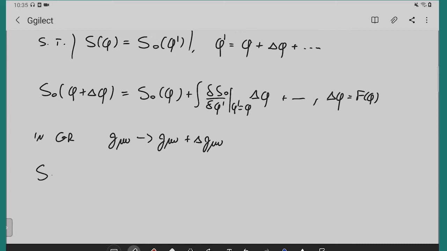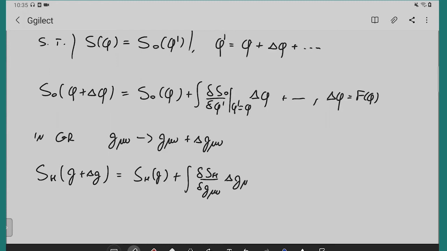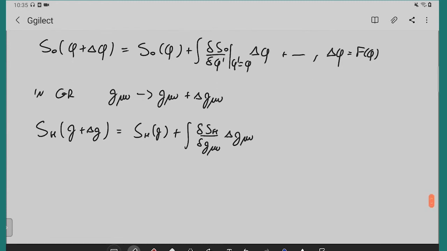If you plug it into the action and expand, you get this.